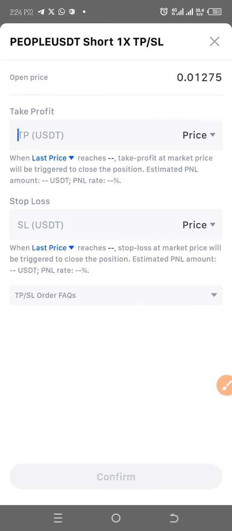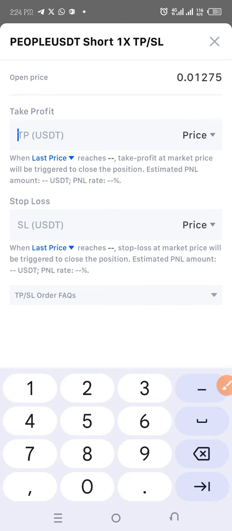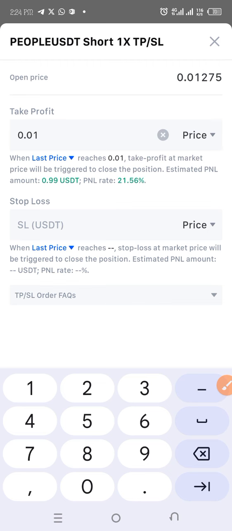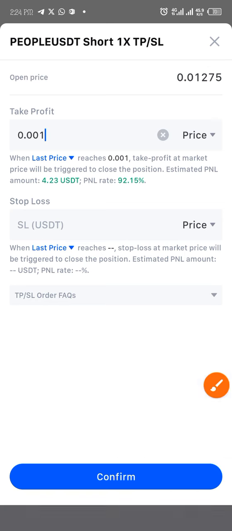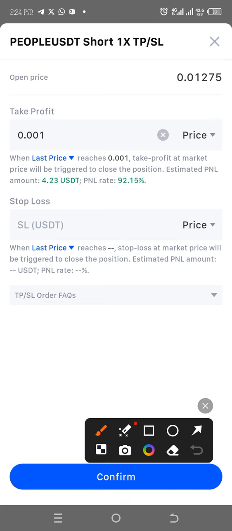So now what I will do is put my TP at 0.001. So now I'm saying that if the market bounces back and comes to this, it should take me out of the market.